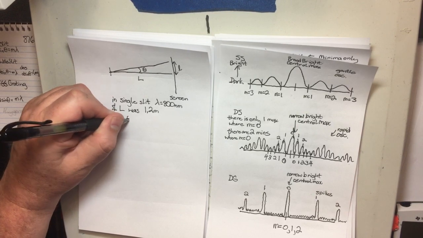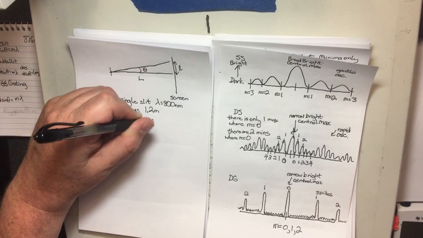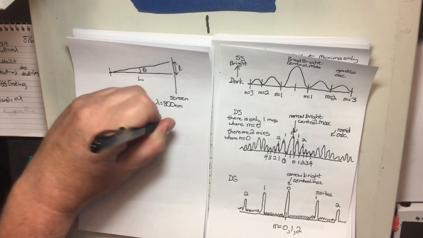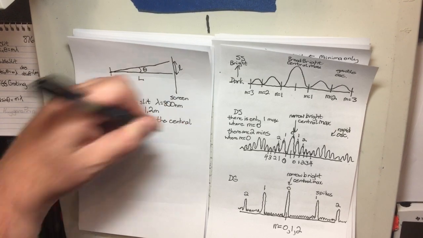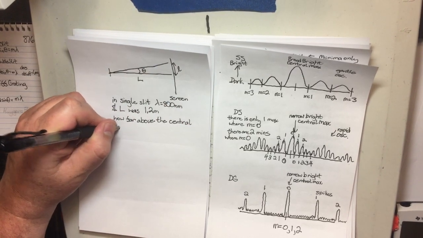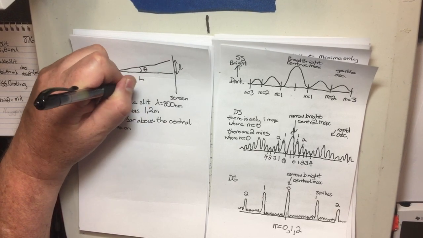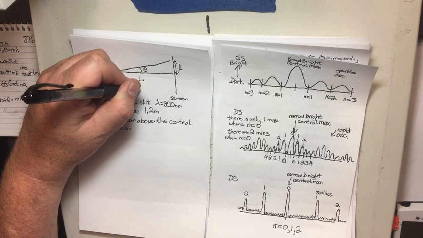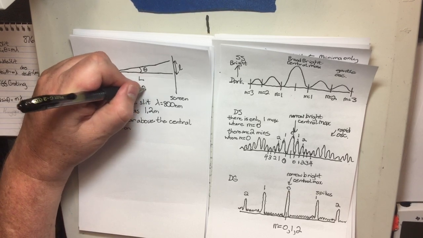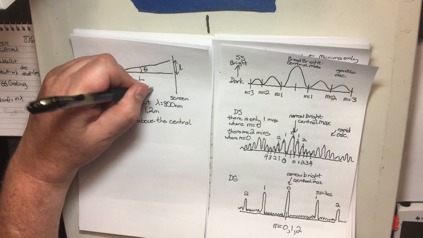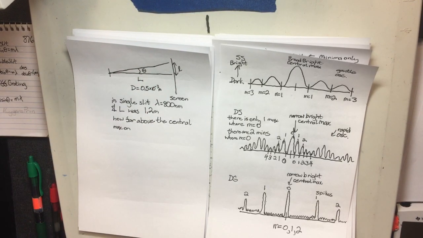How far above the central max, and let's say, oh, in single slit, I'm gonna have to give you, the slit width is 0.5 times 10 to the negative 3 meters, or half a millimeter.